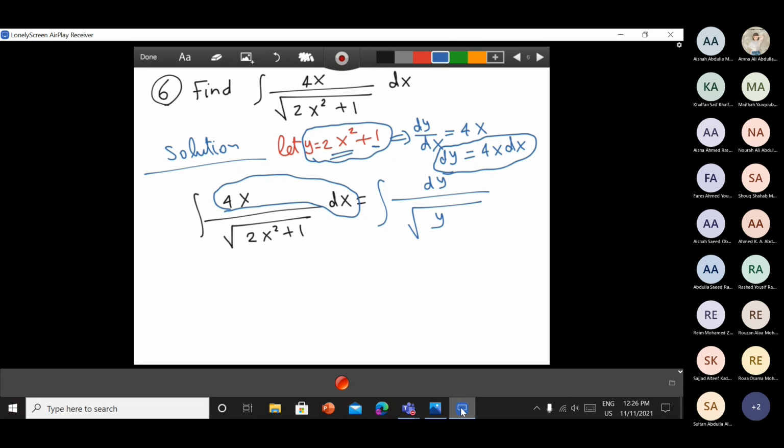Now, I know the root square of y is y to the power half. I can get this one up and make the power with the opposite sign, because I know 1 over x to the power n is x to the minus n.